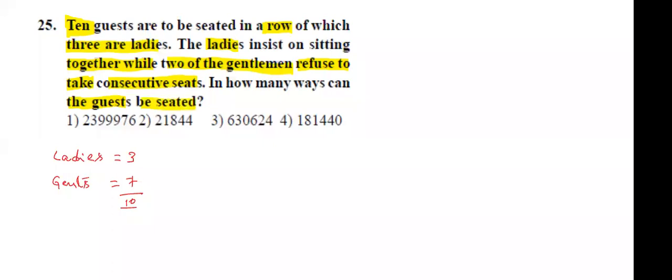Here 2 conditions are there: the ladies insist on sitting together, and 2 particular gentlemen don't want to sit together. So what I am doing here, I am following a different method, that means the reverse method. So all 3 ladies we treat as 1 unit.